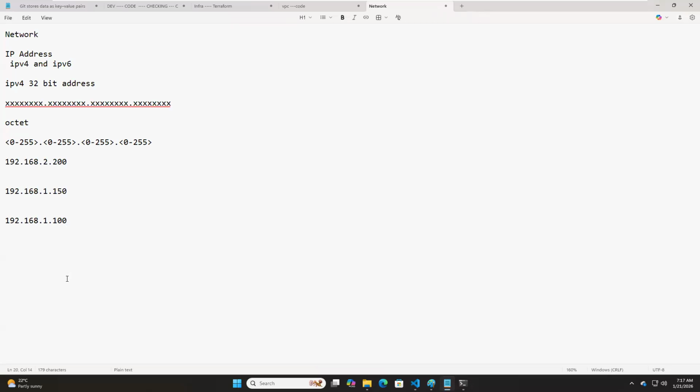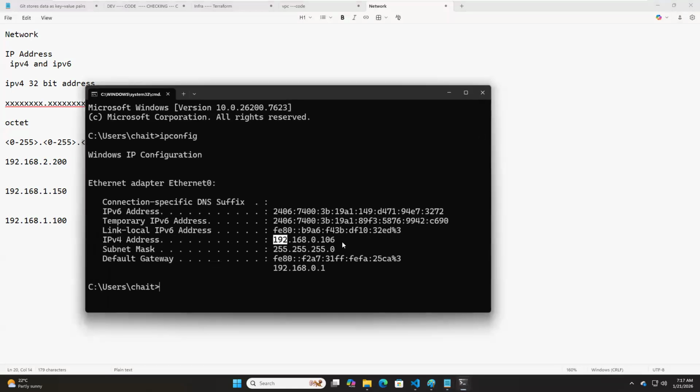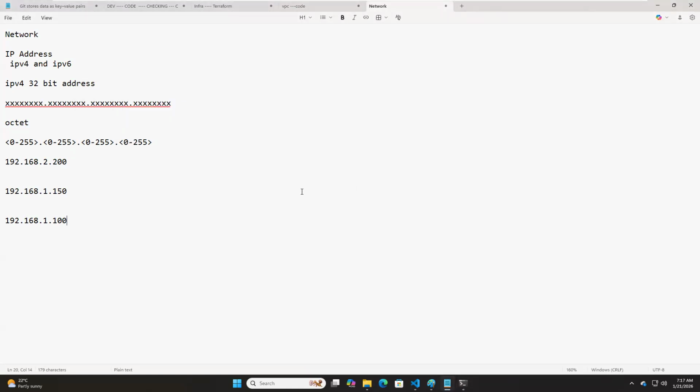They will understand depending on the subnet mask. Every IP address will have a subnet mask. Without a subnet mask, it is not possible for computers to get to know about this IP address. So what is the subnet mask?